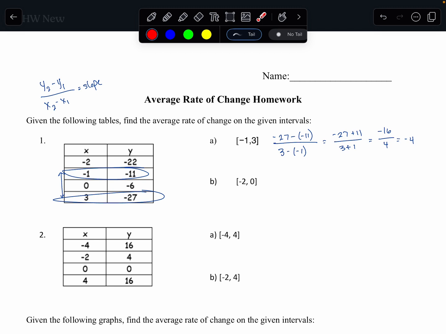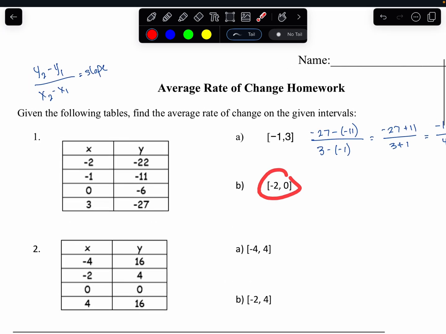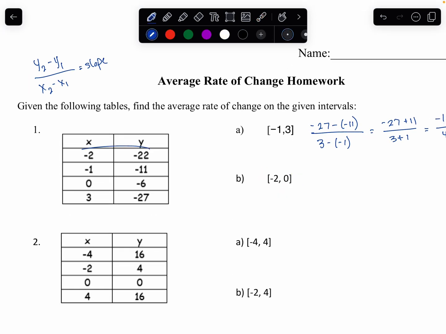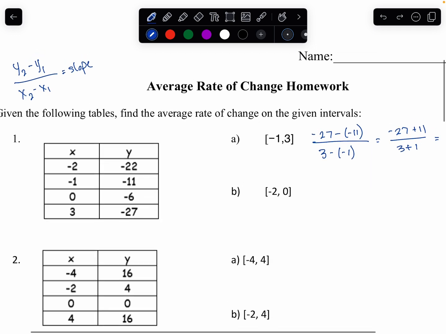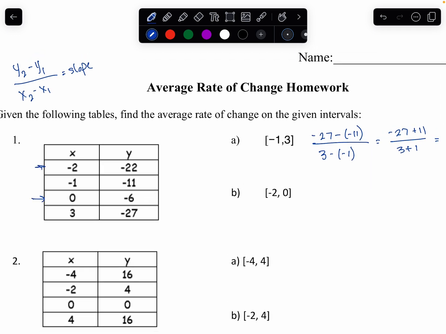Okay, and then we have part B. That's just giving us a different interval. So this is from -2 to 0, so that's this interval right here. If I'm using this interval, then this is y2, and that's y1. So -6 minus -22 over 0 minus -2.